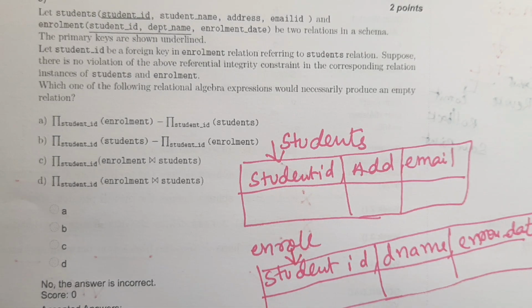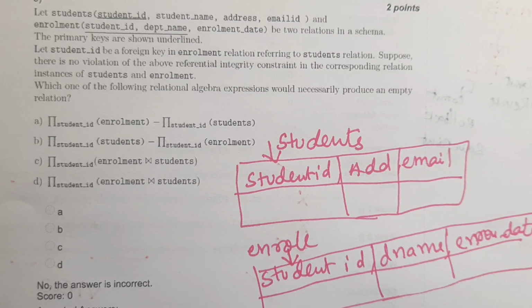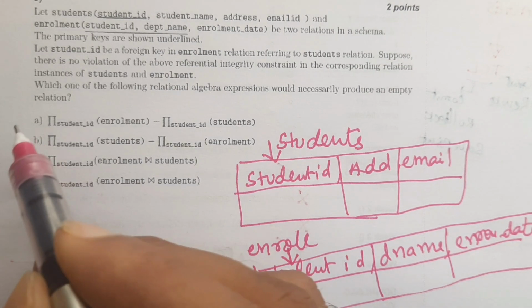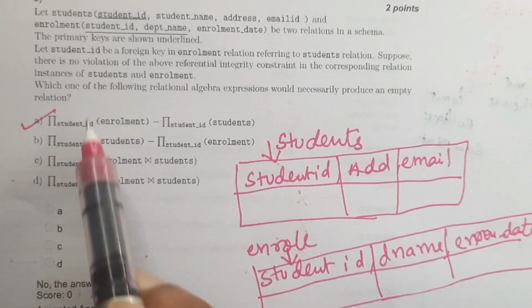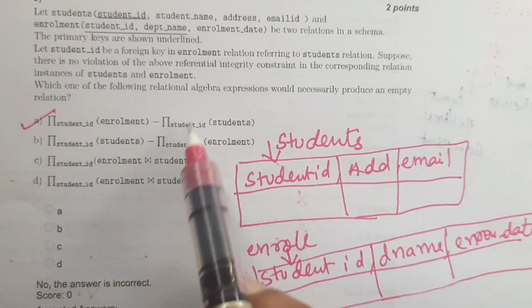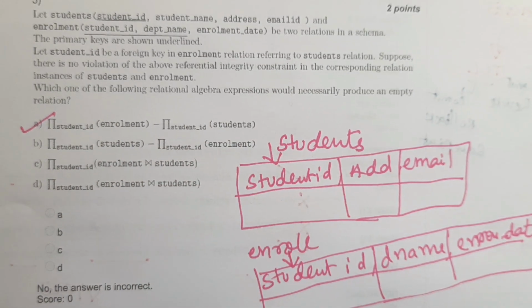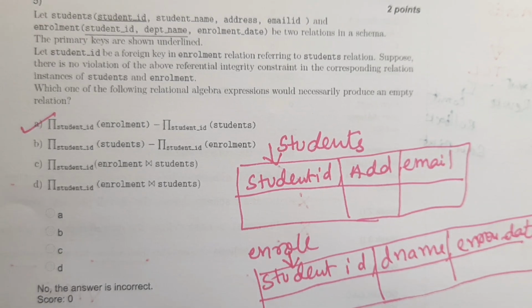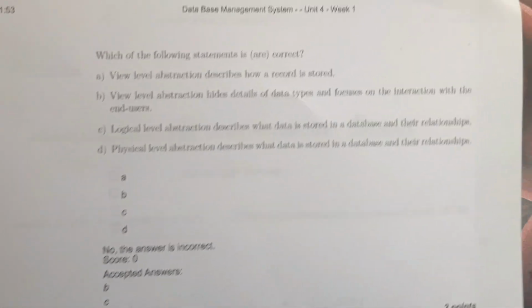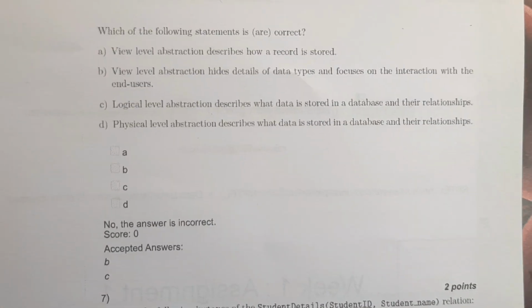So the correct answer for this question 5 is A, because when we select student ID from enrollment minus student ID from students, it will give the empty relation. I hope this is clear for everyone. Let us move on to question number 6. So what is question number 6 we have on the screen?